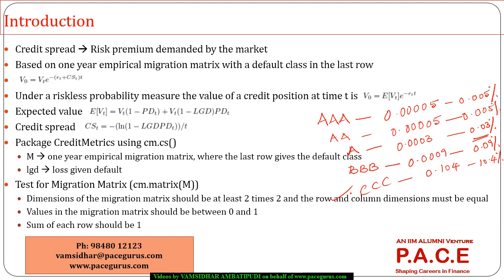So you could see how the credit spreads vary depending on the credit rating. There is a wide variation between a AAA rated security and a triple C rated security.